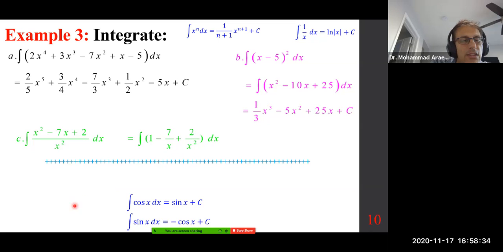I want to show you the last one. 2x to the power of negative 2. So you are going to divide 2 by negative 2 plus 1.